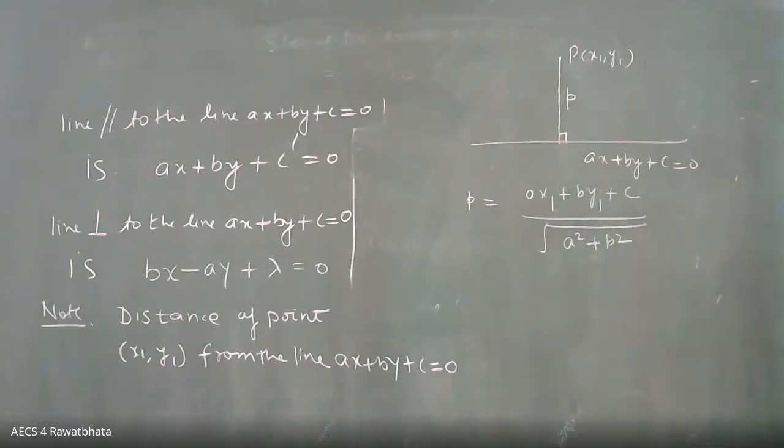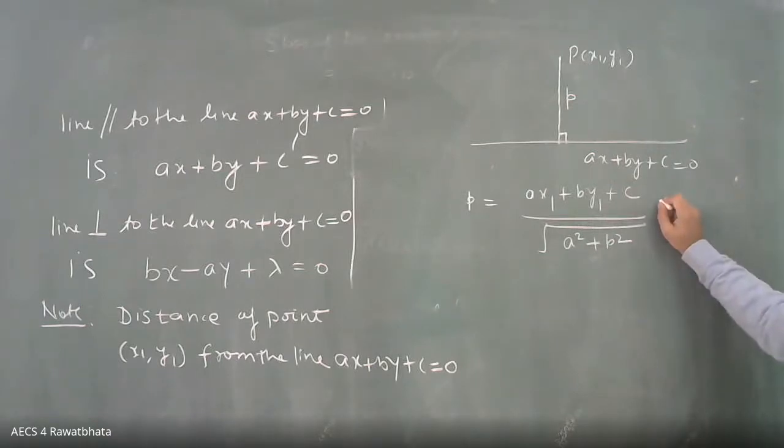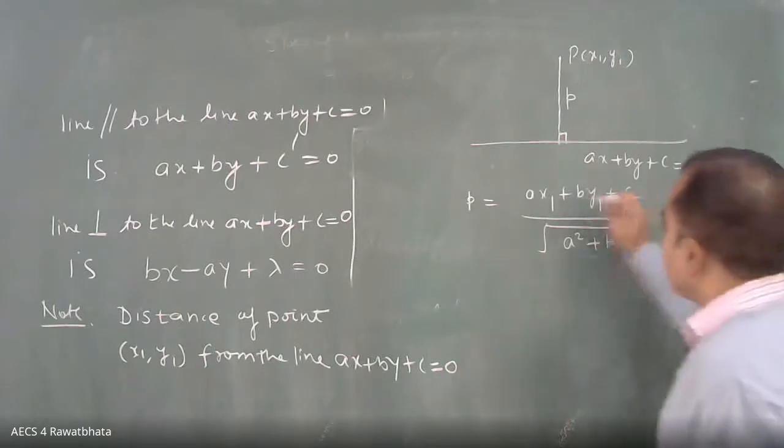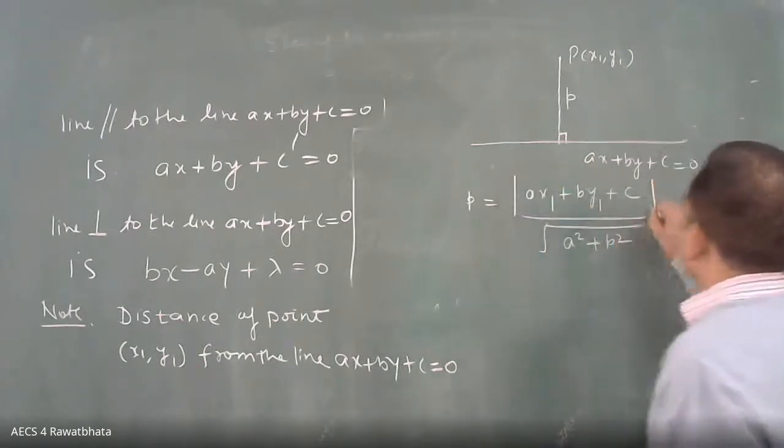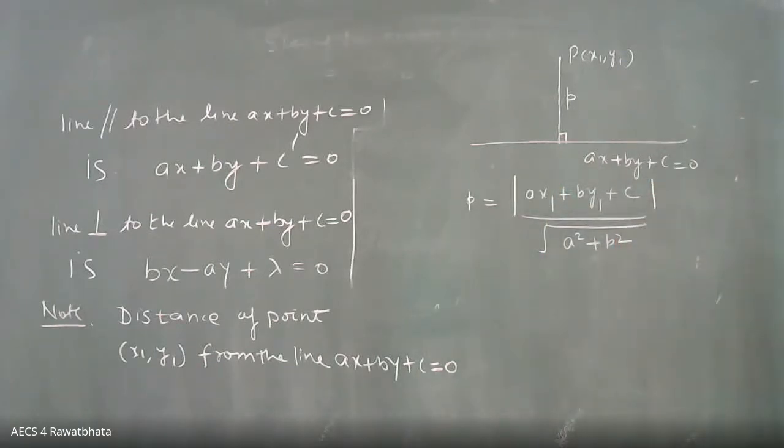This is the formula for the distance of the point x1 y1 from the line ax plus by plus c equal to 0. The value may come negative also, but distance doesn't become negative. So we ignore the negative sign and take its magnitude. This is the final formula.